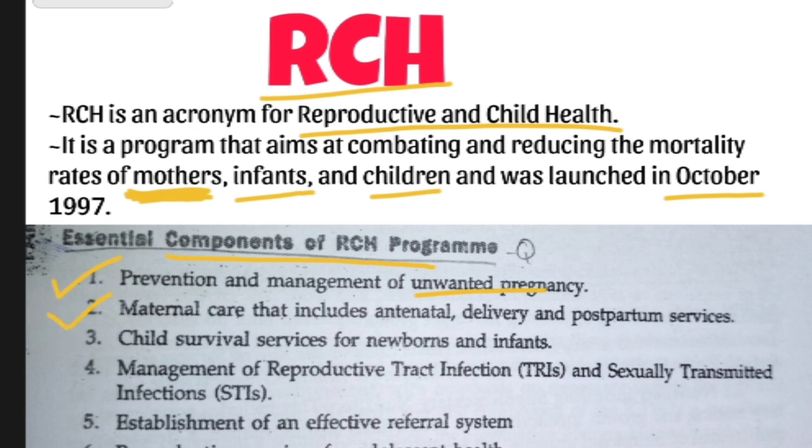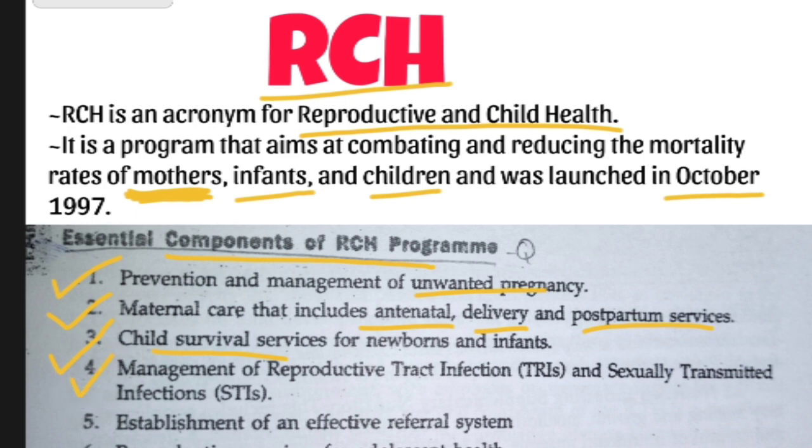And the mother care during the pregnancy condition, during the delivery, and after the delivery. In these 3 stages also the care should be provided effectively. And child survey, this survey is useful in providing vaccines on time, or to find what is the disease rate, death rate and illness rate in the child.